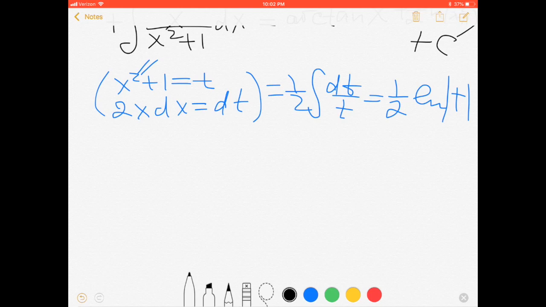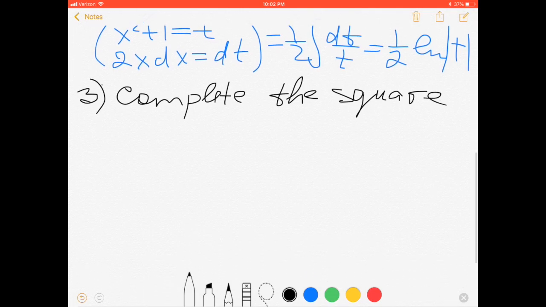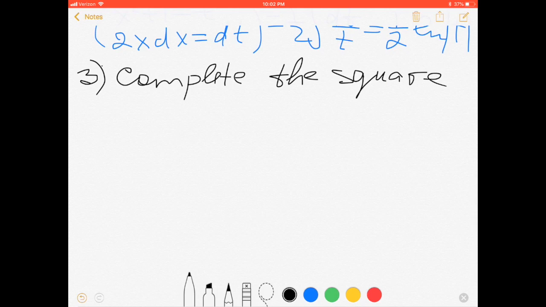Rule: complete the square. You remember we used this rule when you have an integral that works with an inverse trigonometric function.